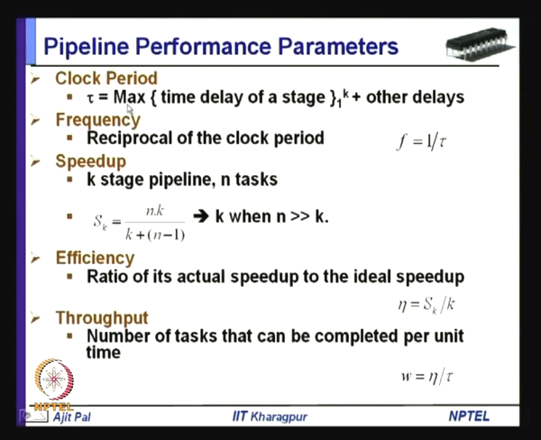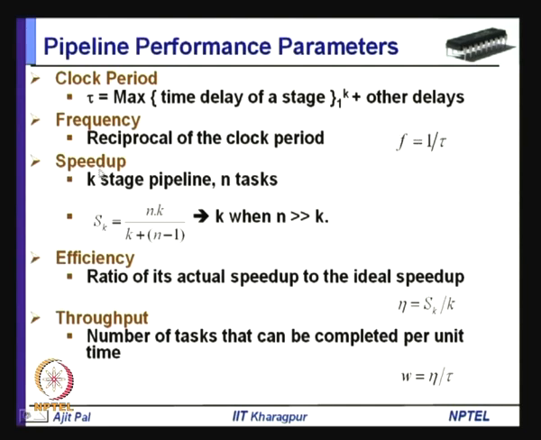The clock period is decided by the maximum time delay of a stage plus other delays due to latches and other things. So, it will be slightly more than the time required to perform a subtask in a particular stage, and the frequency will be decided by this maximum delay, that is 1 by tau is the clock frequency.